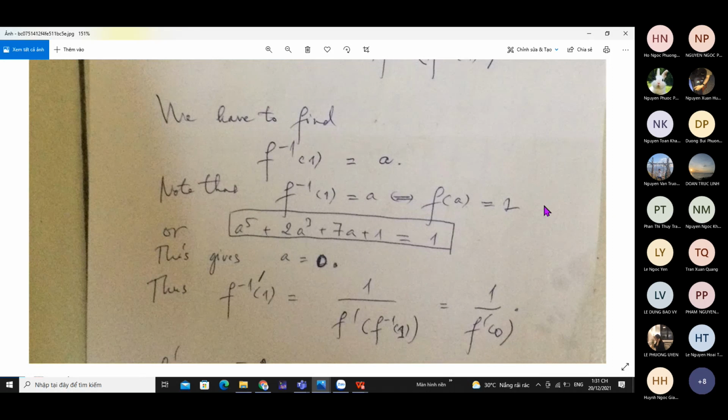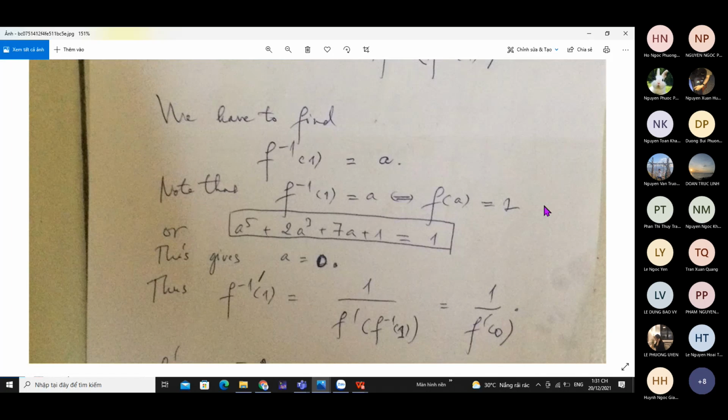When x is greater than 0, f of x is greater than 1. When x is less than 0, f of x is less than 1. And that's why 0 here is a unique number. One-to-one function. Okay?